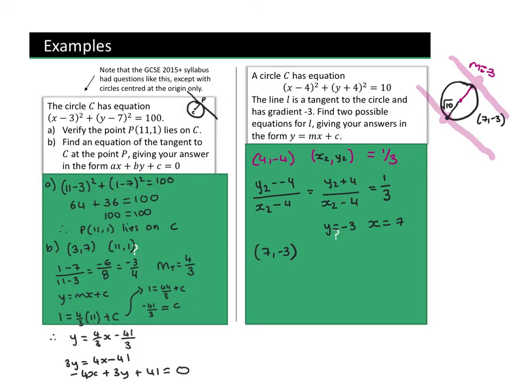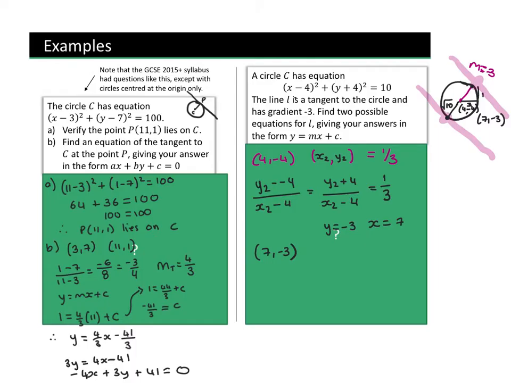Now, if I was to start at (4, -4), and I know I need to move root 10, I need something squared plus something squared equals 10, because this is essentially what's going on, isn't it? Because the centre is (4, -4), I've gone across 3 and up 1.